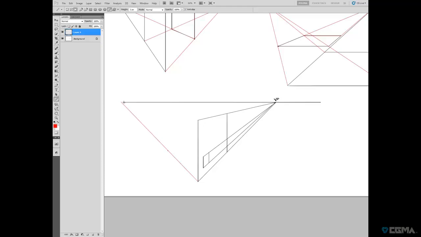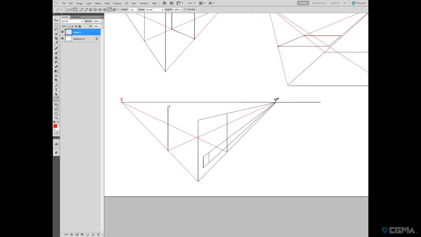And in this case, I have to extend my horizon line a little. Go ahead and find your plane. So we know this distance.